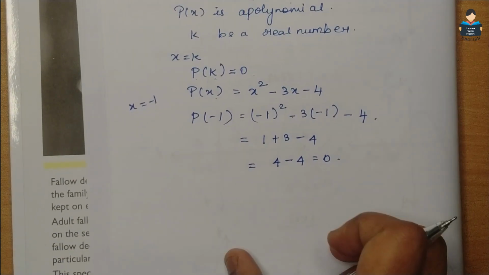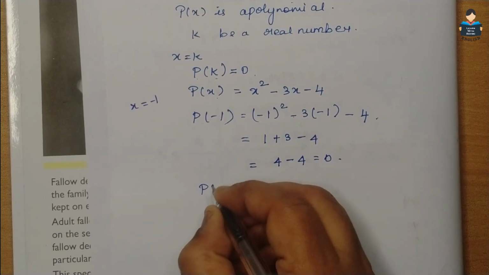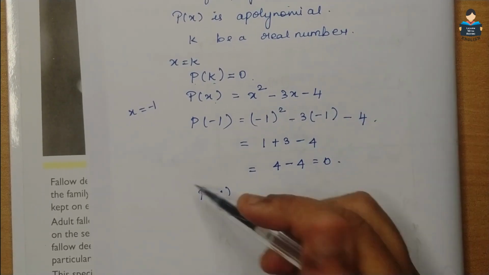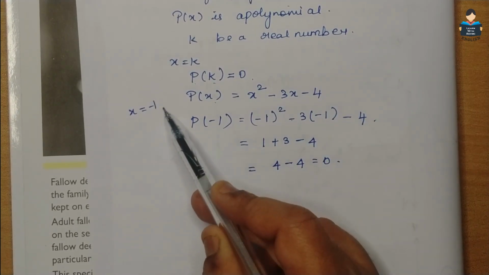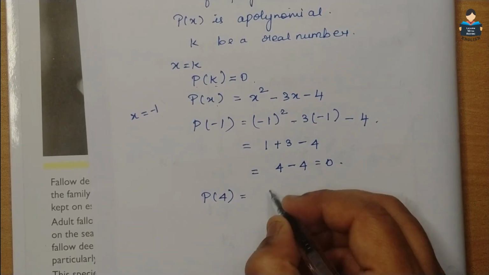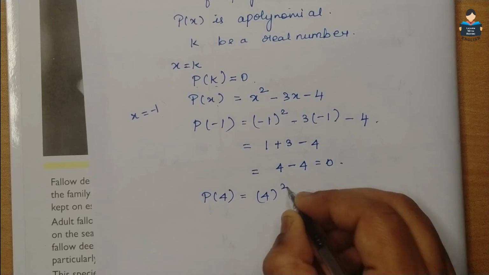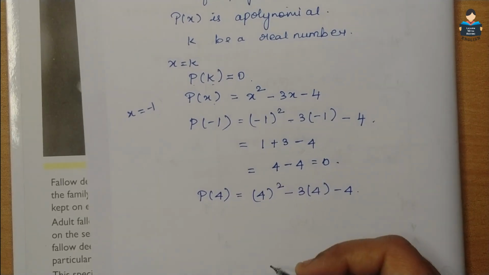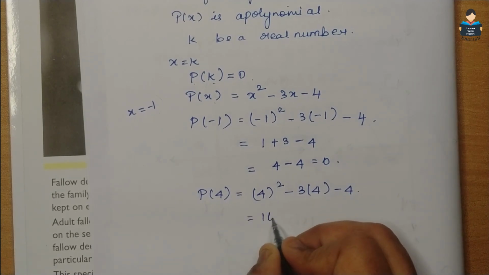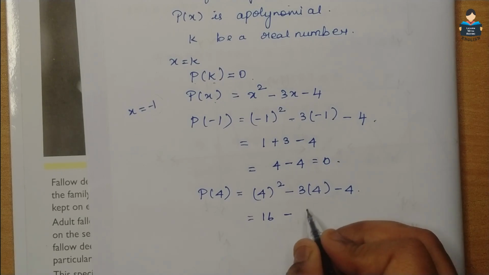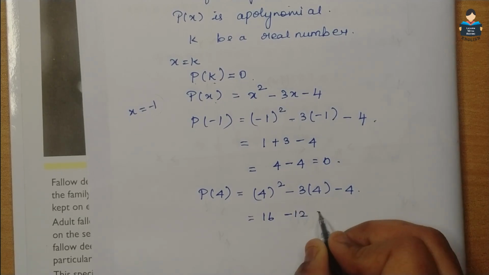Now I am going to substitute another number, that is p of 4. This is an example given in your textbook. They have given the value of x as minus 1 and 4. So 4 square minus 3 into 4 minus 4. When we solve this, 4 square is 16 minus 3 into 4 is 12 minus 4.